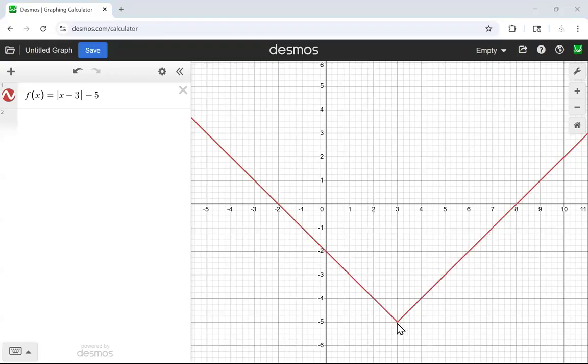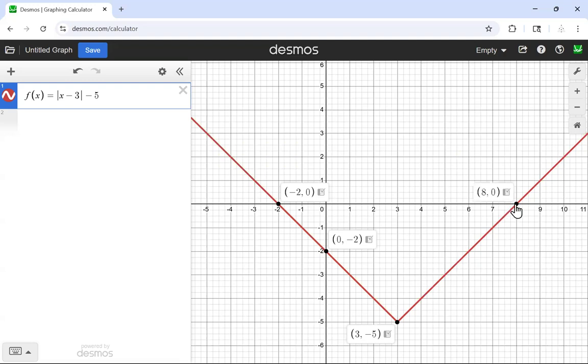And oftentimes with technology, you can actually hover your cursor over a point, and you can see the x-intercepts at -2, 0 and at 8, 0. You can see the y-intercept at 0, -2. You can see your vertex here is at 3, -5.